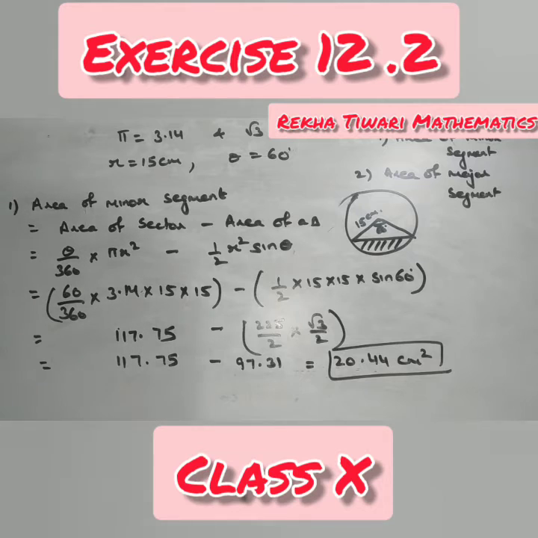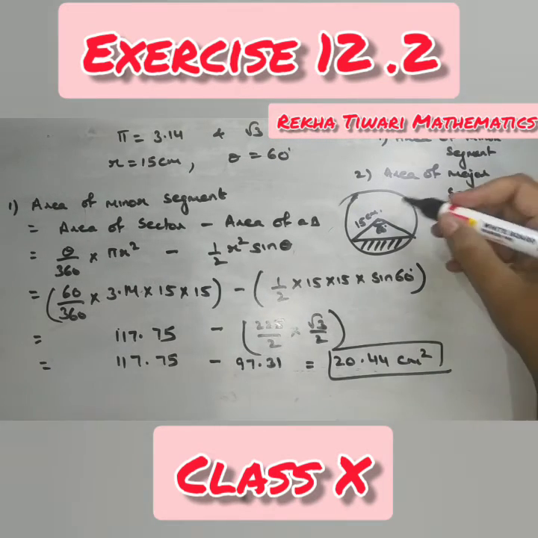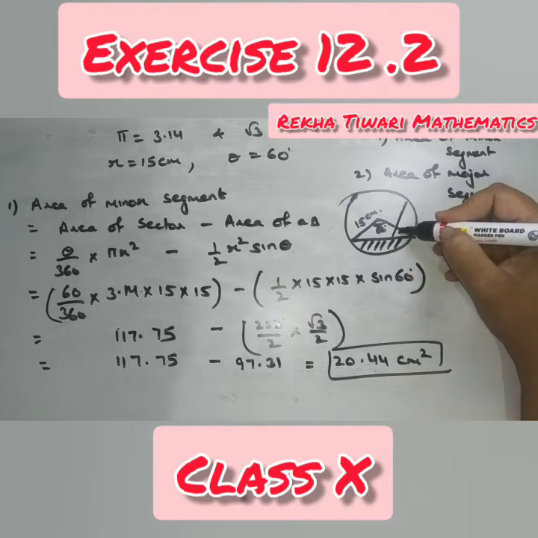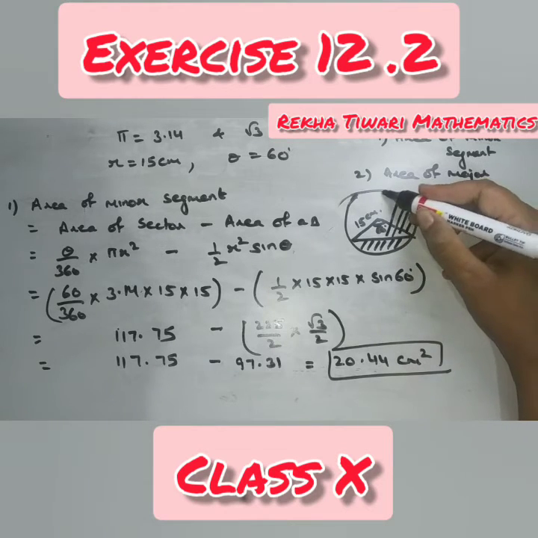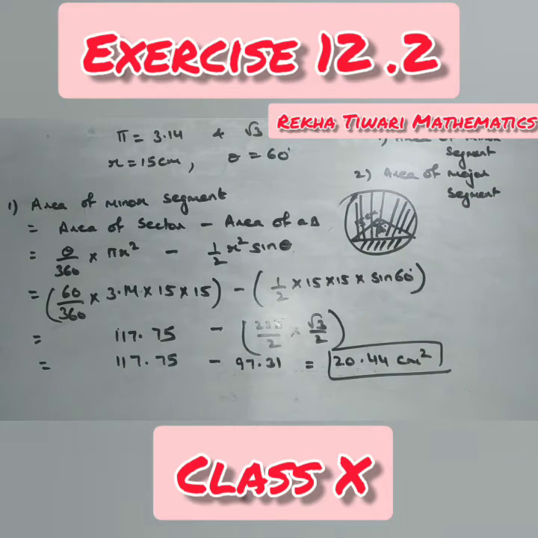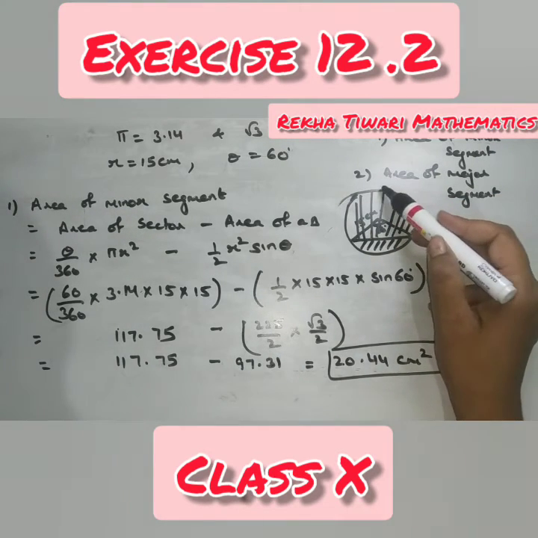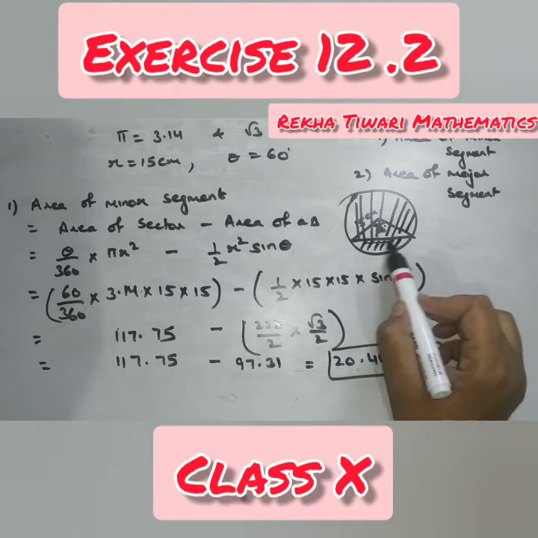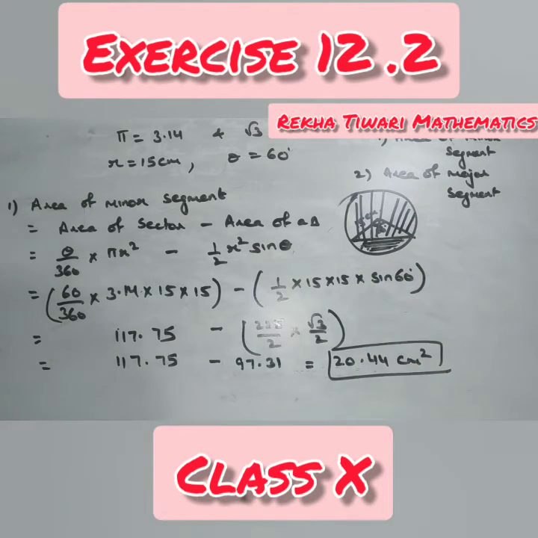Now you have to find out area of major segment. Major segment means you have to find out the area of this region. So how to find out area of major segment? Definitely what you have to do, area of circle minus this portion, that is area of minor segment.